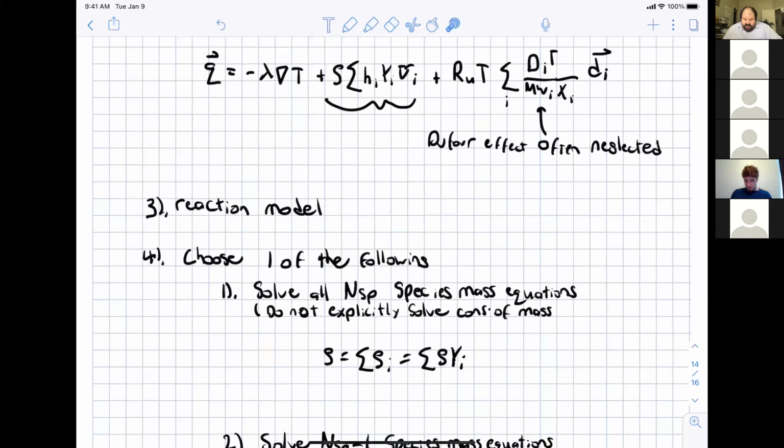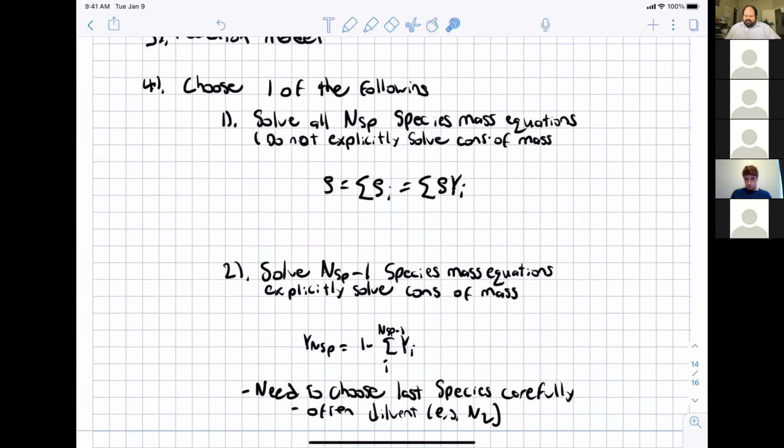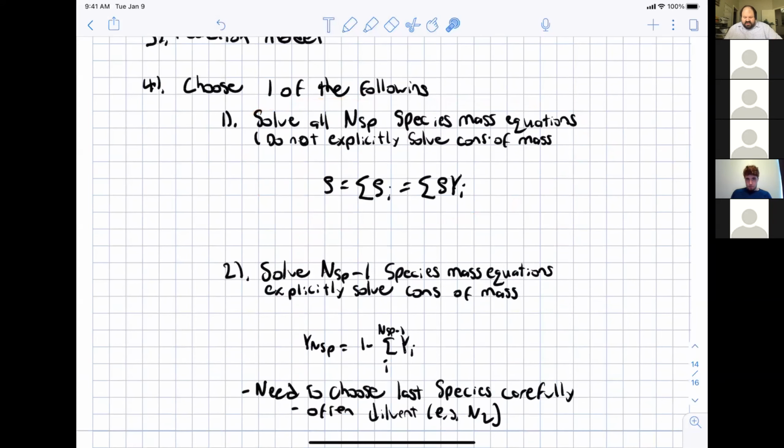Okay. So you've chosen your transport model, you've chosen a reaction model. Then the last choice you need to make is what version of conservation of mass and species mass to use. One option is to solve all of the species mass equations. Then when you need the density, you just sum up all the species densities. From all the species mass equations, you're going to get the quantity rho times Yi.